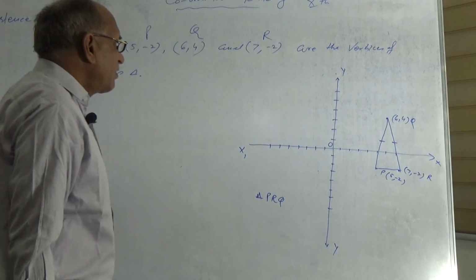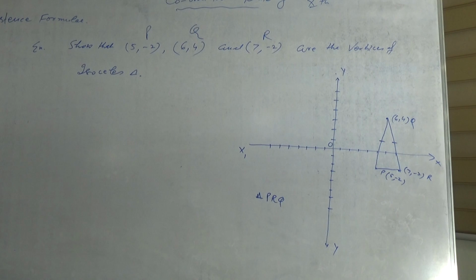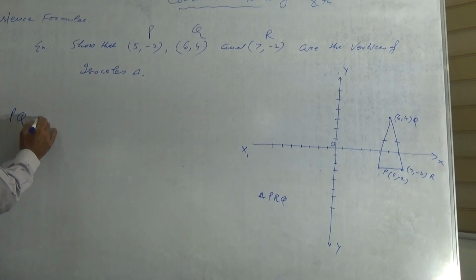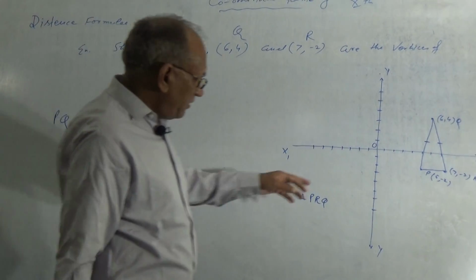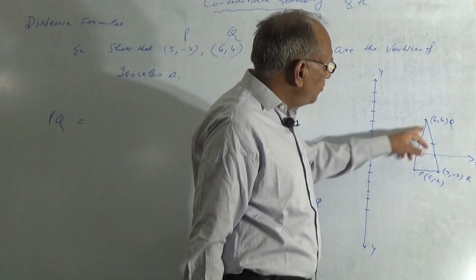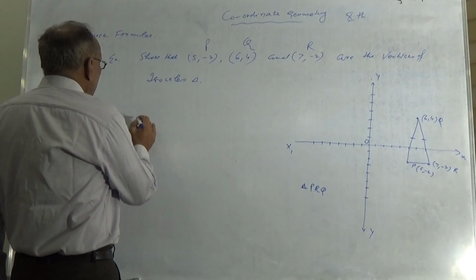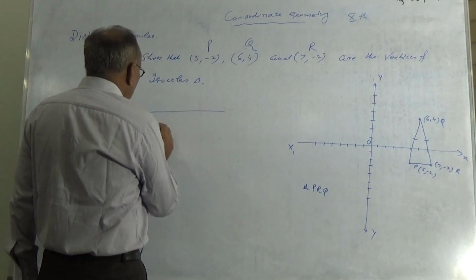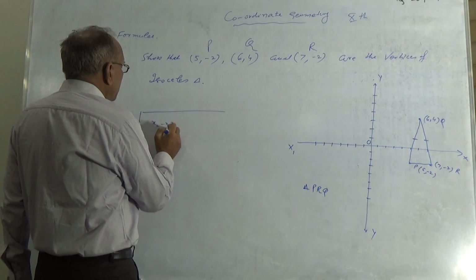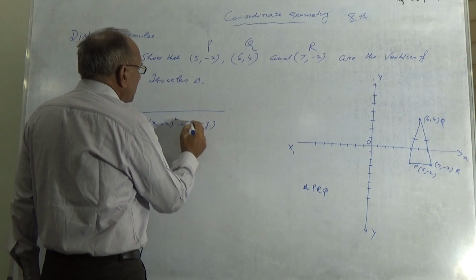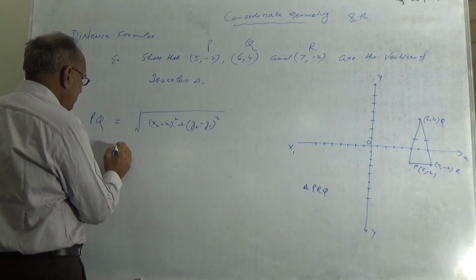So, we have to find the distance between P and Q. This distance PQ with the help of distance formula: under root x2 minus x1 square plus y2 minus y1 square.